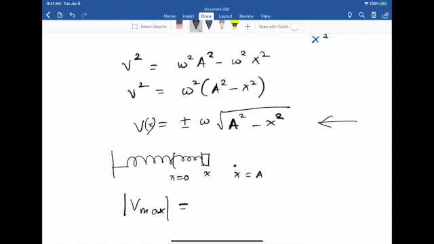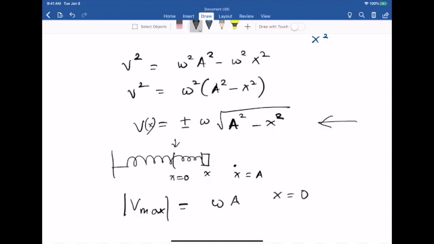So the maximum value of this expression is omega times a, and that happens when x is equal to 0. So the maximum speed of the mass is when it is at x equals 0. That's when it will be moving the fastest, right?